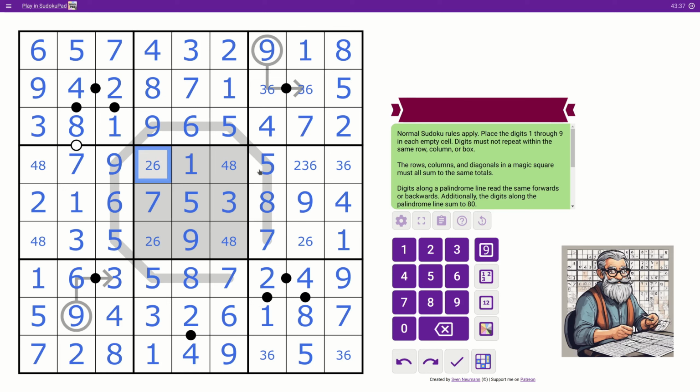Hold on. Something's not clicking in my head. I mean, I know that this looks like a deadly pattern, but because this is a magic square, this might be resolved. I just need to wrap my head around it.